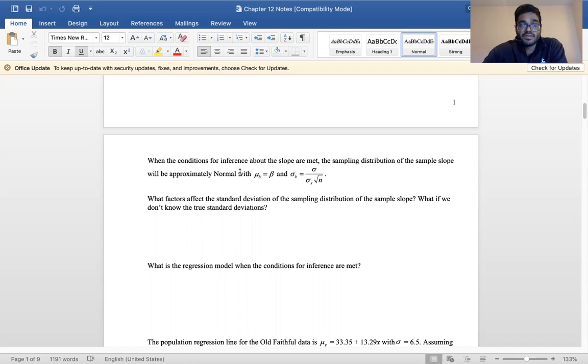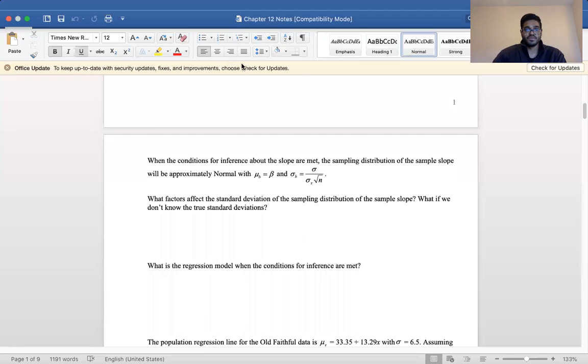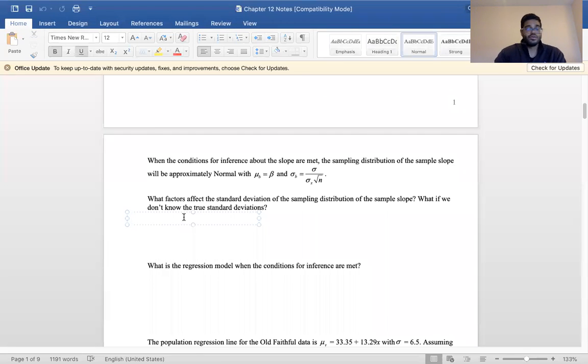So what factors affect the standard deviation of the sampling distribution of the sample slope? What if we don't know the true standard deviations? So here I'm writing some stuff down. Here I talk about sigma. Since sigma is in the numerator, when the standard deviation is large, then the whole right side of the equation will be large.